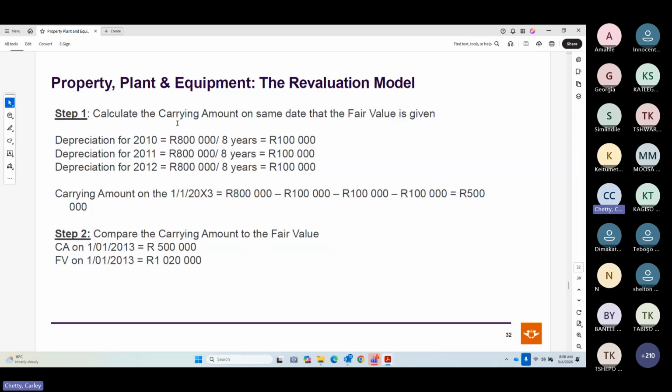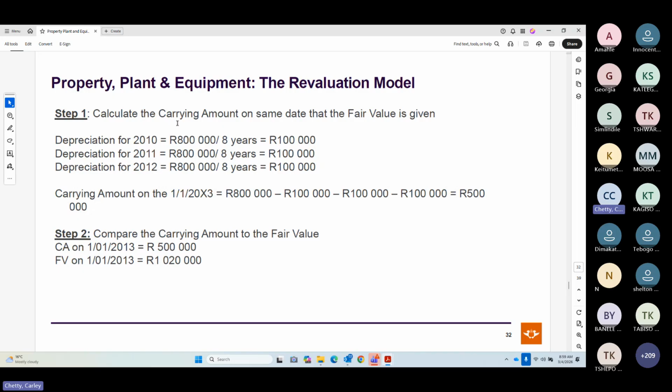Then we're going to do the same for 2011. We're going to take the cost of the machine of 800,000 divided by the useful life of 8 years, and this will give us 100,000. And depreciation for 2012, which is the last year before the revaluation, we're going to take the cost of 800,000 divided by the useful life of 8 years, and this will give us depreciation of 100,000.